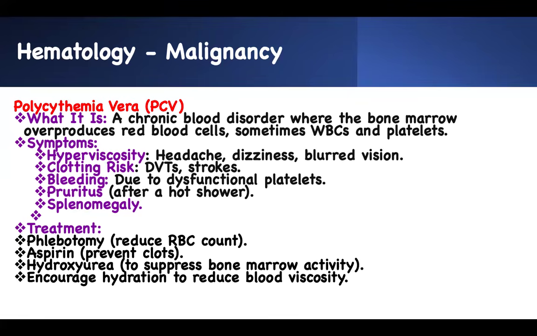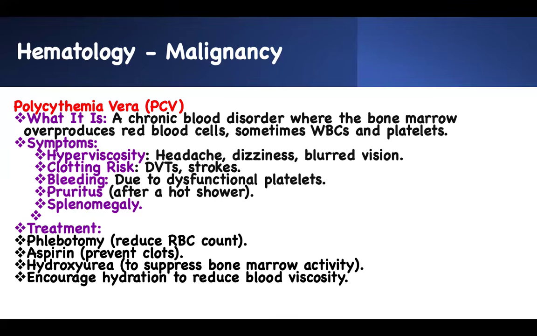Symptoms of clot, right? They have headache because blood is not going to your brain. You can have dizziness, blurred vision. These are all stroke-like symptoms. You can form a DVT, right? You can have bleeding because your platelets will become immature, and you have pruritus from excessive bilirubin deposition, right?